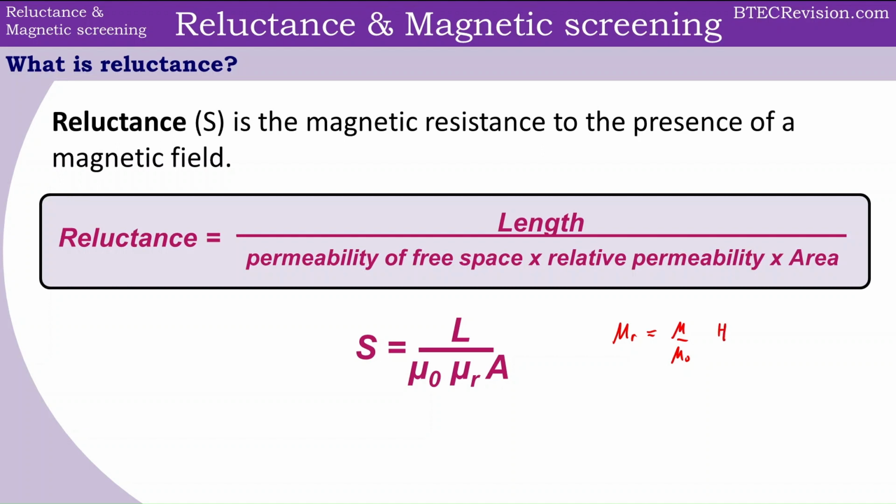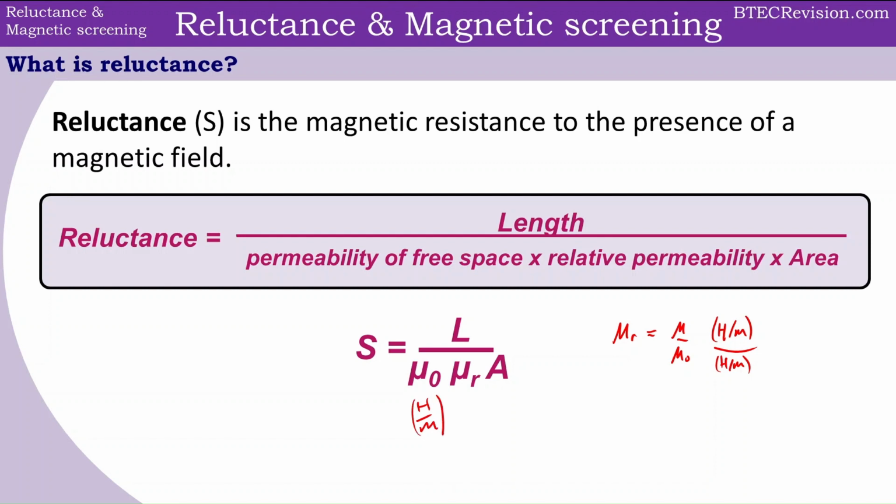And the units are H per meter divided by H per meter, so that cancels out to give mu R no unit. Mu naught is H divided by a meter.